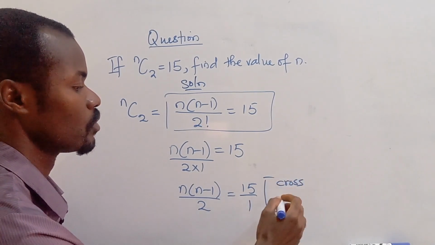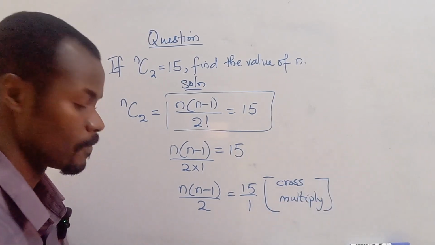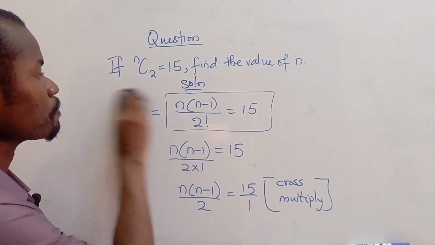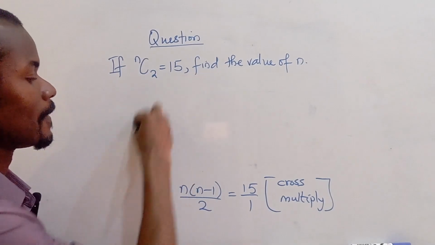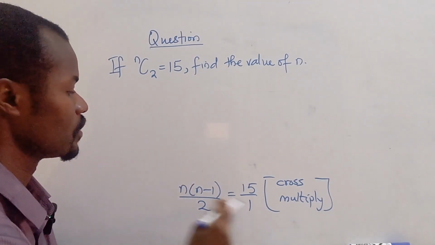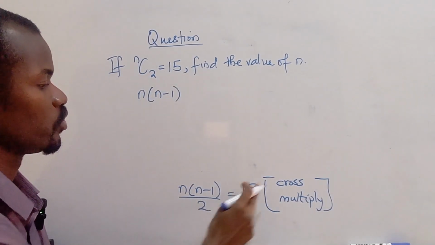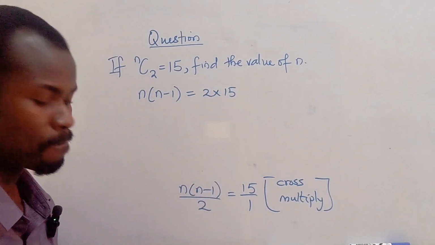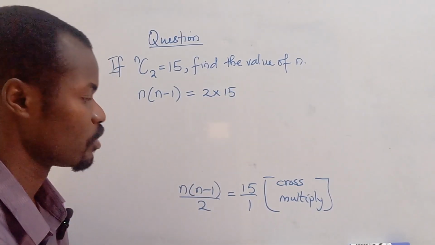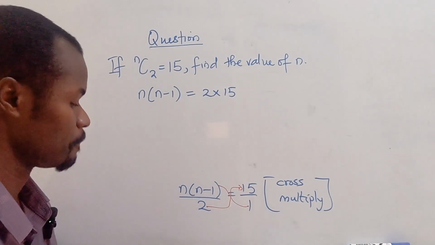We can cross multiply. So 1 is going to times this, so I have n into n minus 1, and 2 is going to times this, so we have 2 times 15. That's what we mean by cross multiply.